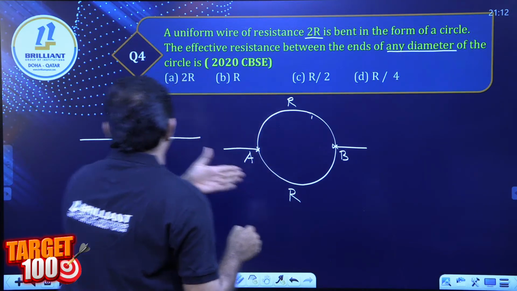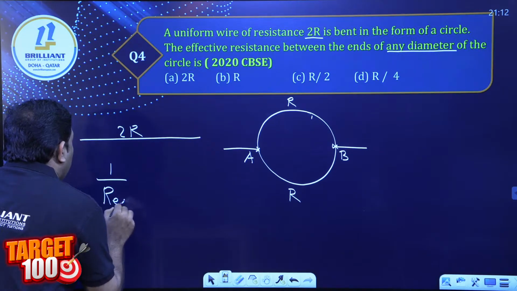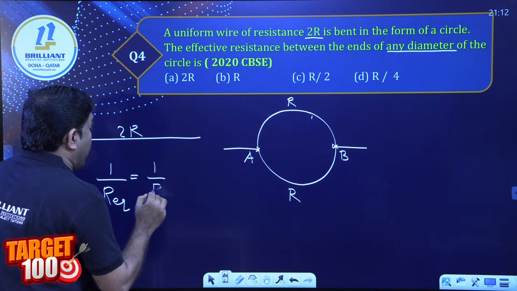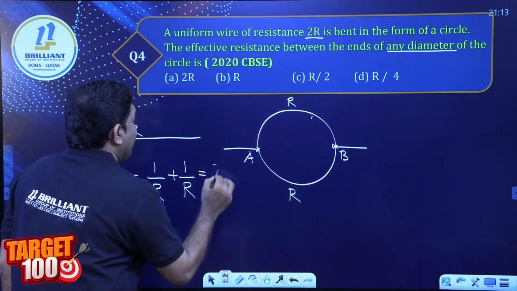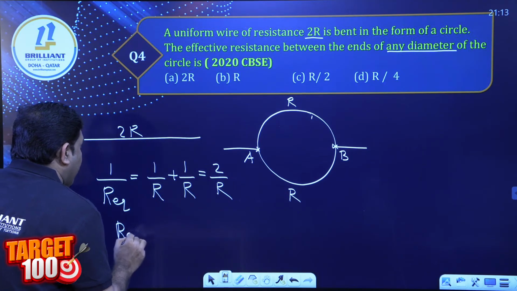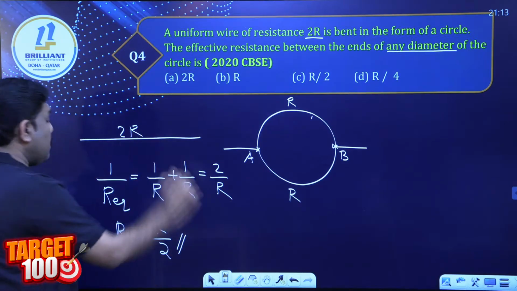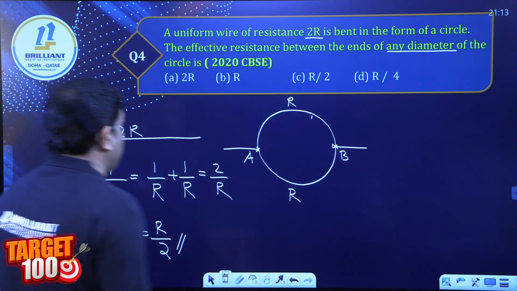When resistors are in parallel, we can find the equivalent resistance using the formula: 1 by R plus 1 by R, that is equal to 2 by R. So R equivalent is equal to R by 2. The equivalent resistance is R by 2.